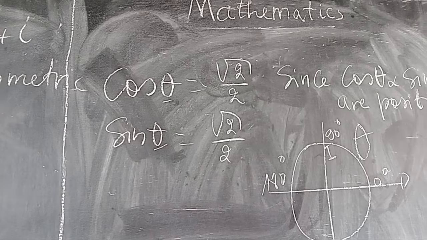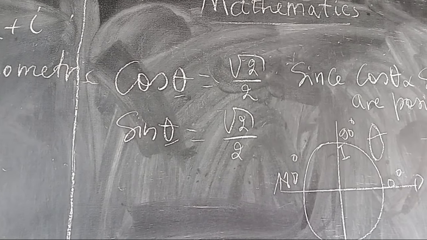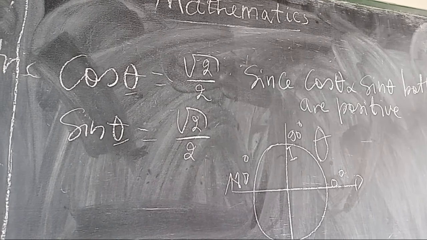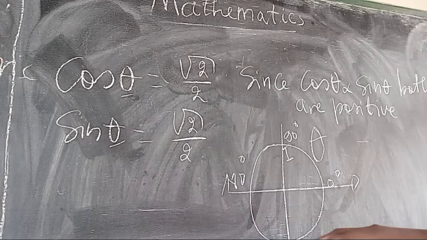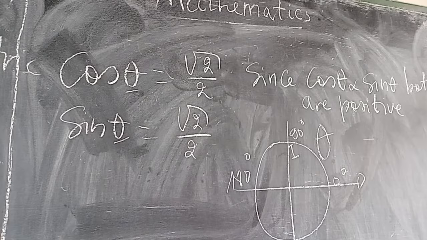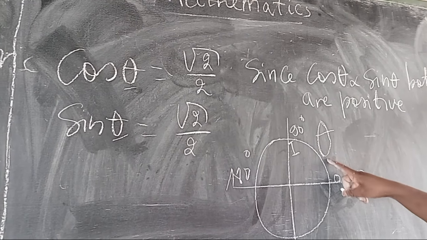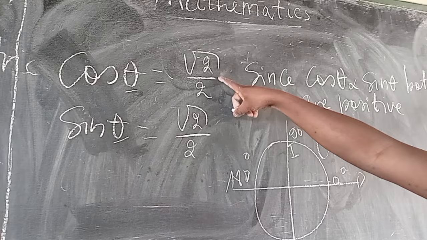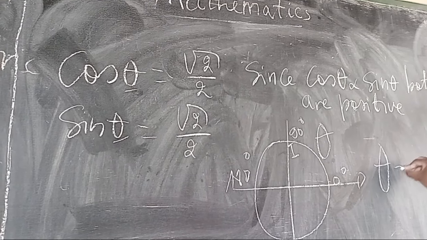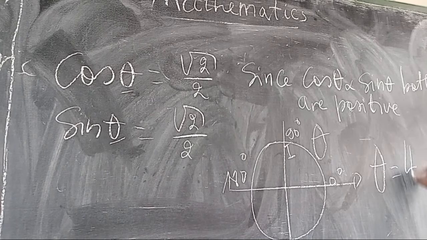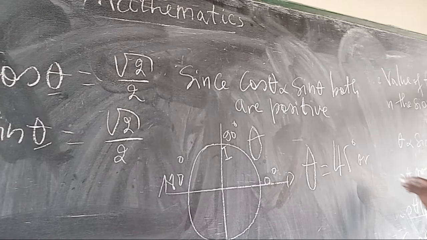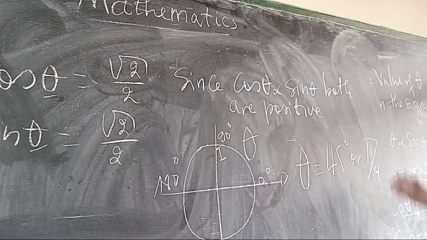Teachers, as you remember how to get trigonometric values, especially for special angles, by using a unit circle, this angle in the first quadrant, with cosine that one and sine that one, must always be equal to how many? 45 degrees. Or you can say pi out of 4 radians.